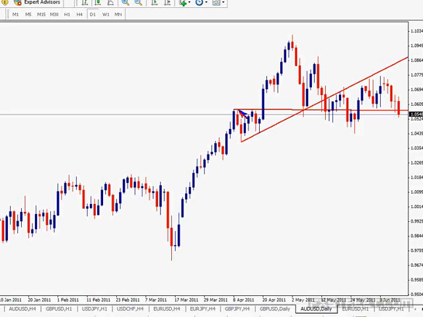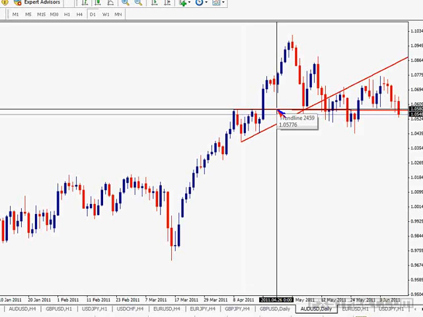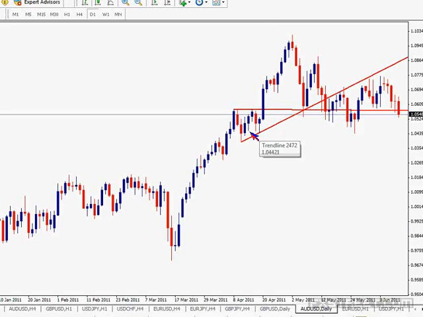In this particular case, we have 3 maximums at an equal level, that will be our resistance area, and 2 ascendant relative minimums.